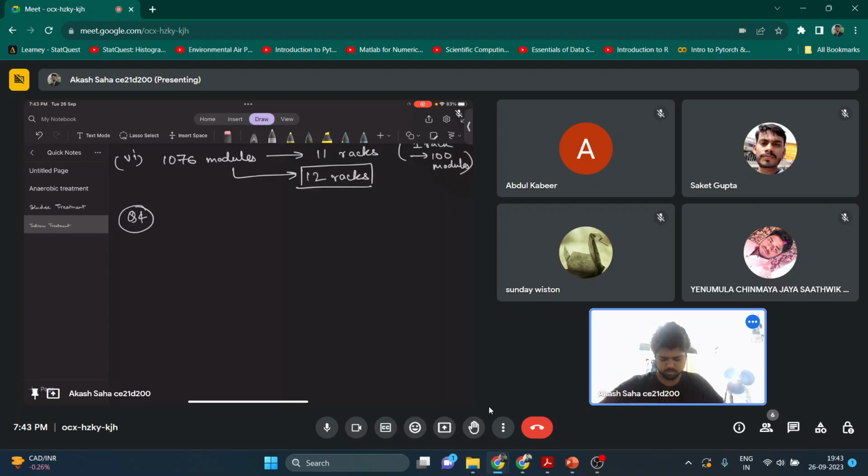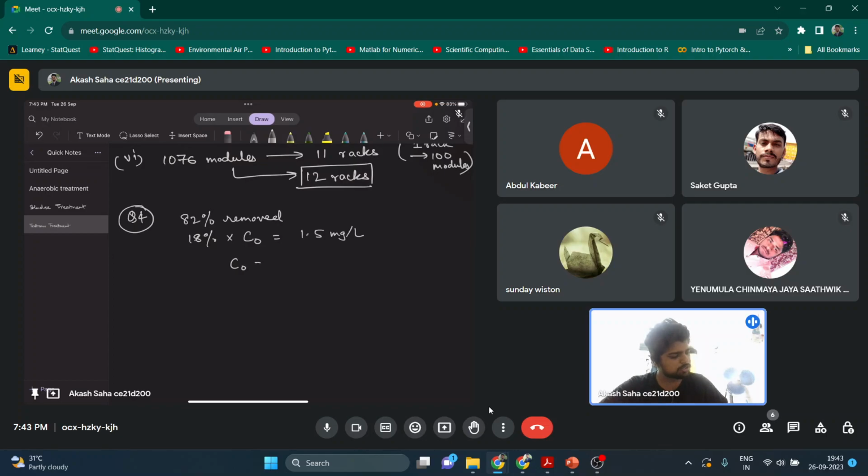So we have to find the solid phase concentration. First we know that 82% is removed. That means 18% is still present. So 18% of some initial concentration, let it be C naught, is 1.5 milligram per liter.